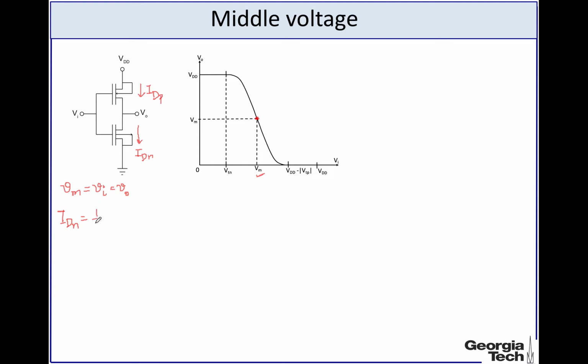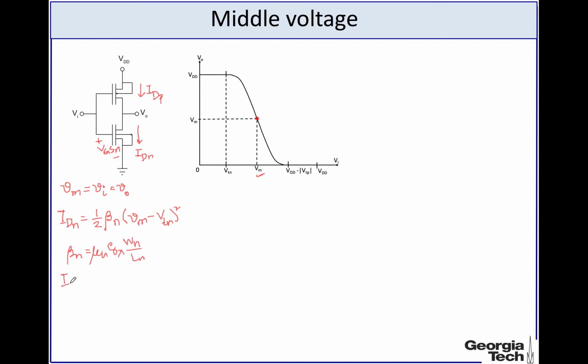For saturation, the current is given by IDN equals half of beta N, where beta N is simply mu N Cox Wn over Ln, multiplied with VGS minus VTN squared. VGSN is equal to VI, which is equal to VM, so it is VM minus VTN squared.